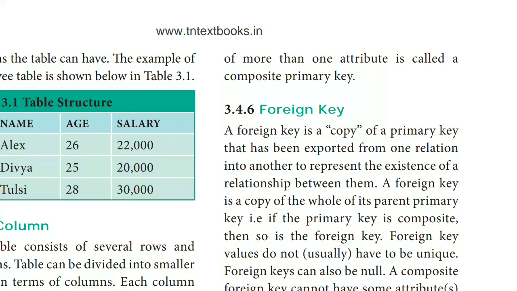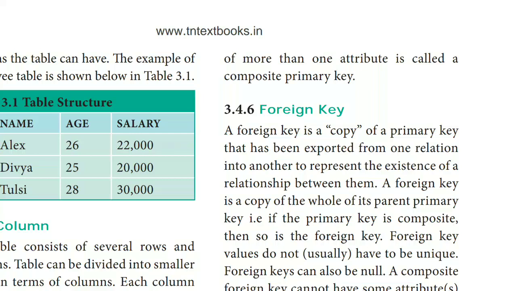That is, if the primary key is composite, then so is the foreign key. The foreign key value does not have to be unique. A foreign key can also be null. A composite foreign key cannot have some attributes null and others non-null.